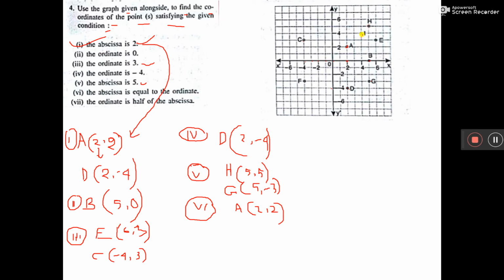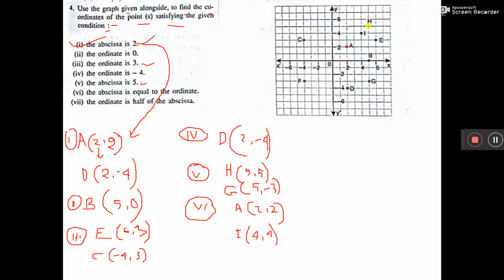Let us see point I here: 1, 2, 3, 4 and 1, 2, 3, 4. So I is 4 comma 4. Let me write 4 comma 4. Any other point?